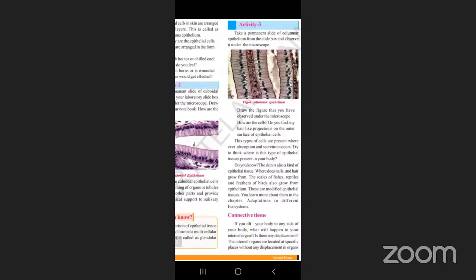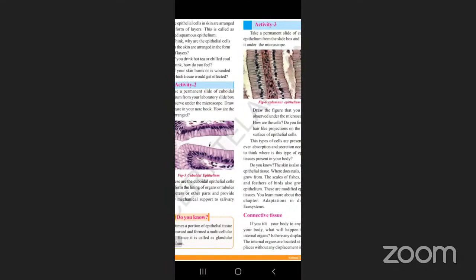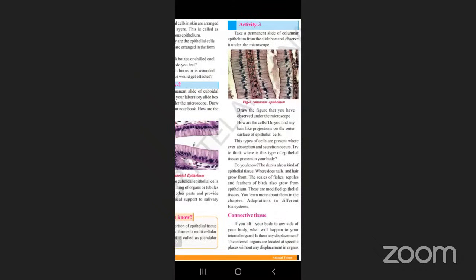Don't forget, children, you have to make these tissues in a flowchart so that you may not get confused. Here we have mainly four tissues: epithelial tissue, connective tissue, muscular tissue, and nervous tissue.